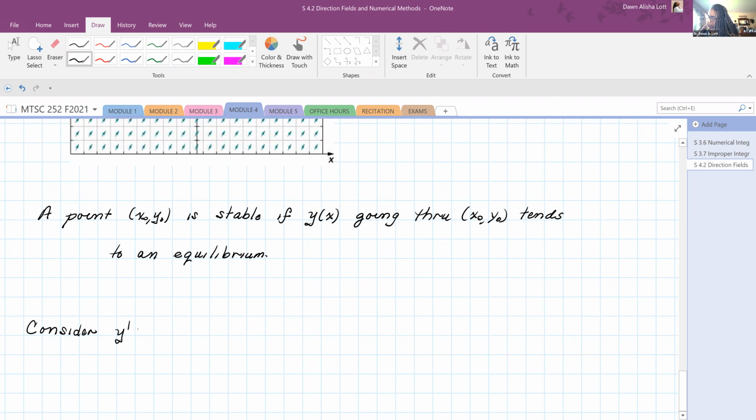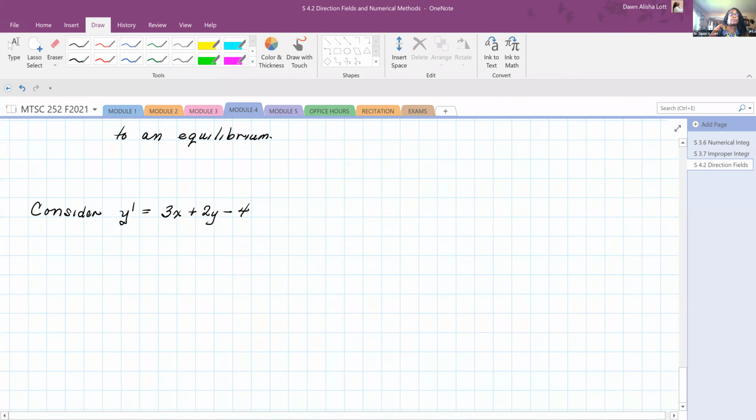This one is definitely not autonomous because it depends on x.